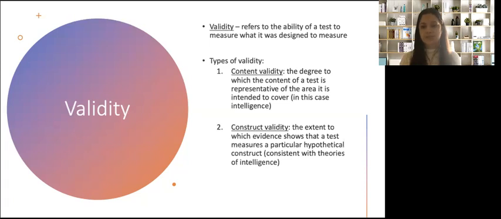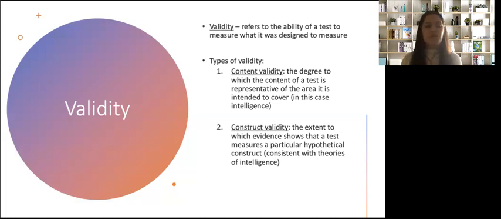Then we have what is called construct validity. This is the extent to which there's evidence that a test measures a particular hypothetical construct. Essentially, are the measures from the test consistent with theories of intelligence? We spent the entire last lecture talking about the various theories of intelligence, so do the results of these tests actually match what those theories are saying?